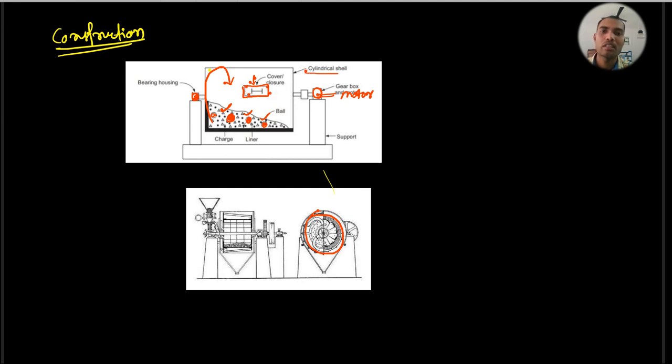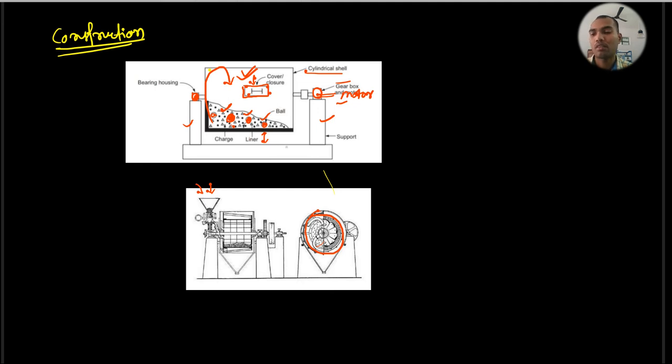This is a cylindrical shell, as I already mentioned. This is a gear fitted to the motor. There is some clearance from the ground, and these are the support pillars on which it can rotate. The below picture is a side view, left or right. Sometimes it can be modified slightly, and hoppers are also used to put in the materials, but generally the top figure is used.